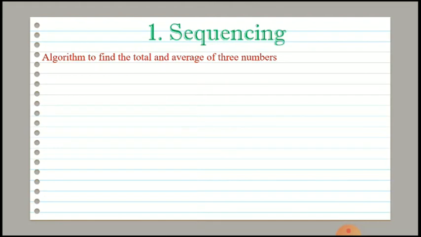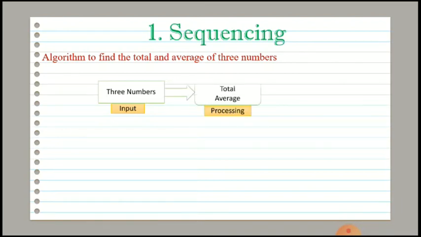So in this problem, three numbers will be our input. Calculating total and average is the processing part, and the result that we will get will be the output.